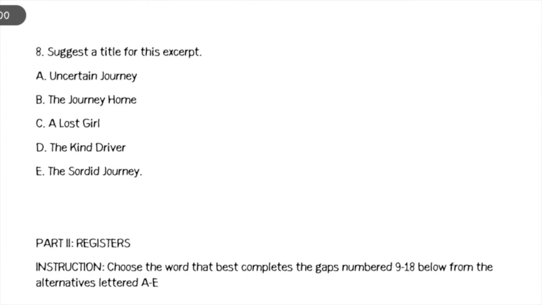So option B says the journey home. If we want to make option B look like option A, we would just remove the article THE and leave journey home, which would be grammatically incorrect. So between A and B, the answer that seems the most correct is B, because it is well titled, well written, in proper and standard English. So you have successfully answered question 1 to 8.